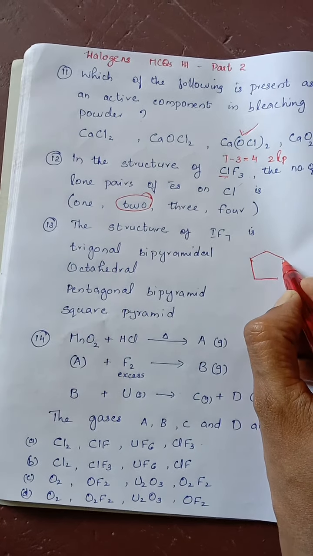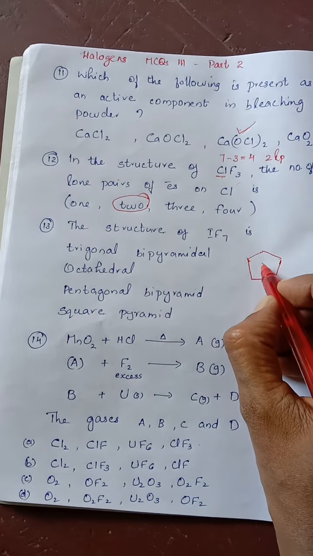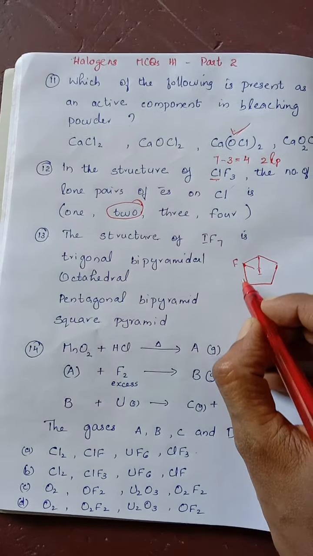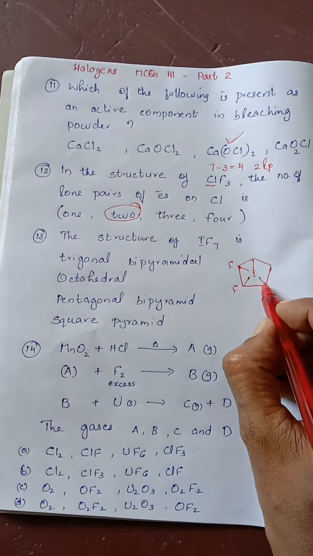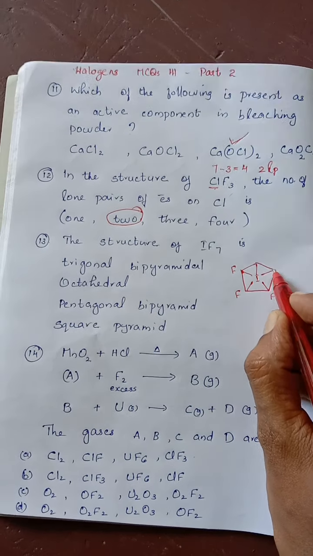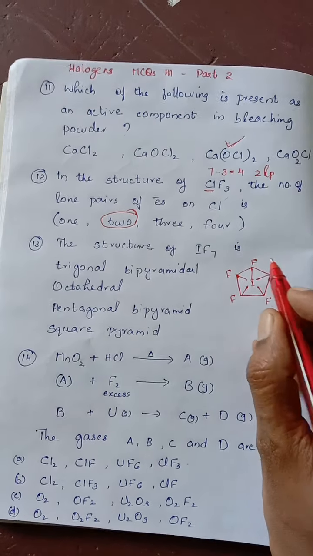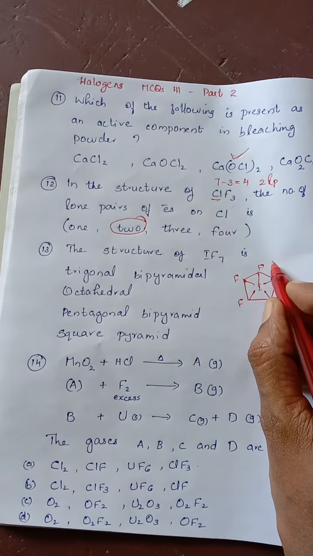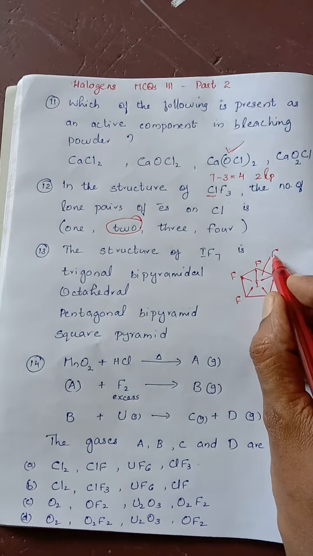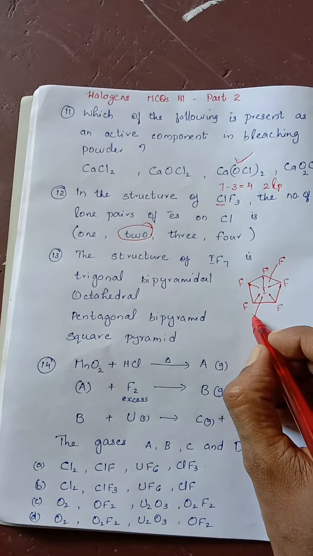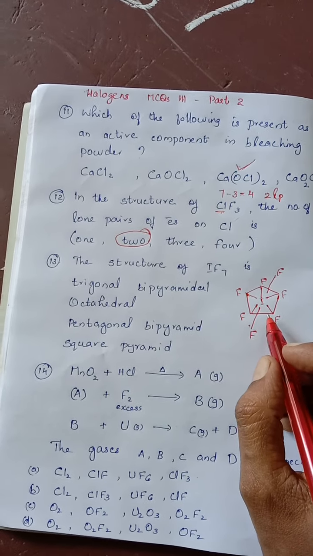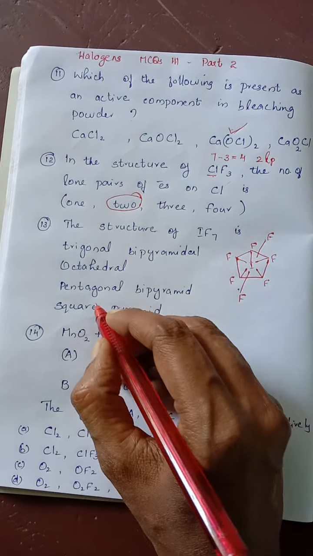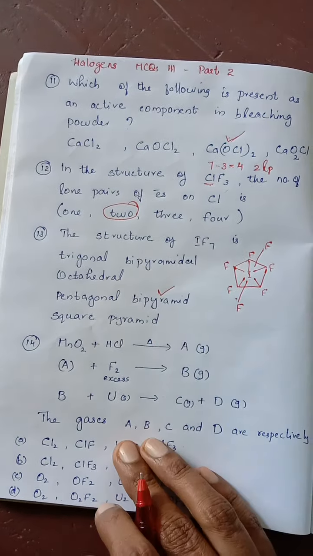A pentagonal plane in the middle, iodine at the center of the pentagon, and 5 fluorine atoms along the 5 corners of the pentagon, and the 6th and 7th above and below the pentagonal plane. That is, the geometry is pentagonal bipyramidal. The answer is this one.